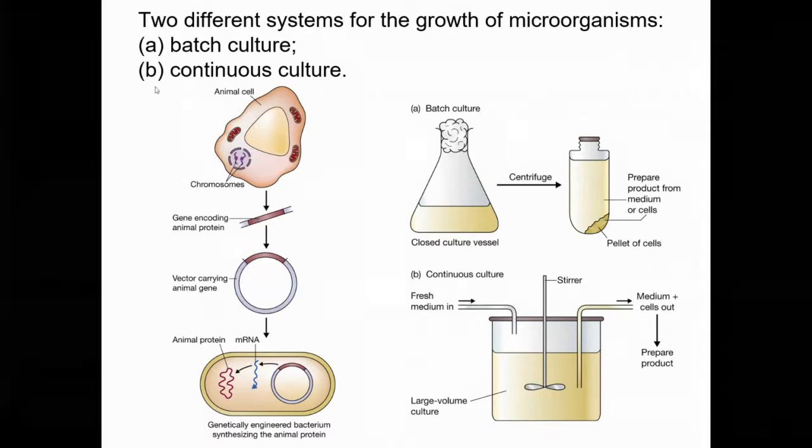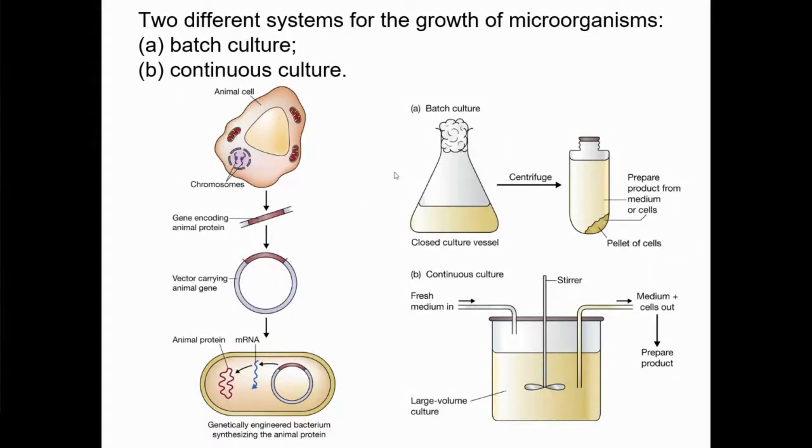In this diagram, we clone the gene and then introduce it into the cell, and then we want this gene to be expressed, and then produce the protein. Each cell can produce a little bit of protein.